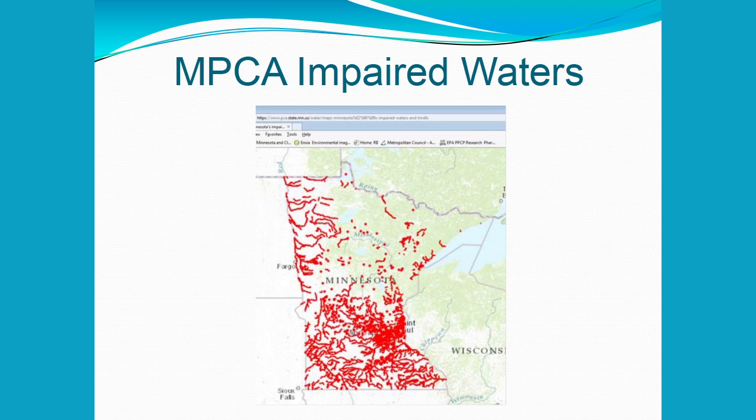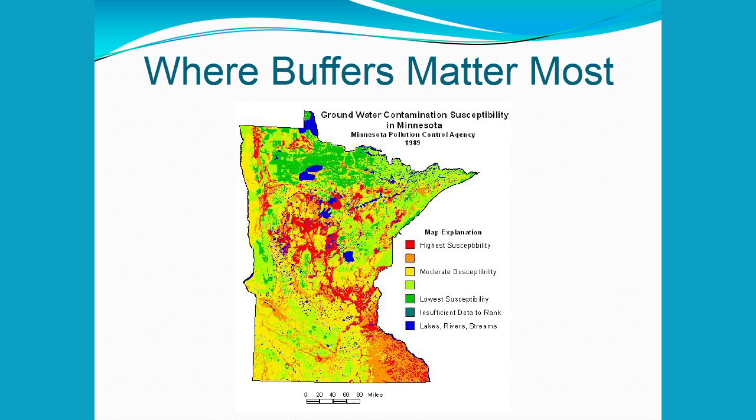And so the buffer law is in place that will help us start to address the impairments that we're seeing. Where buffers matter most, in my opinion, I have a groundwater background as well, is that we have aquifers that have recharge.